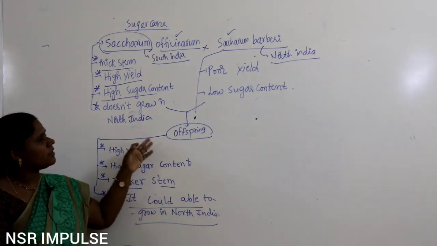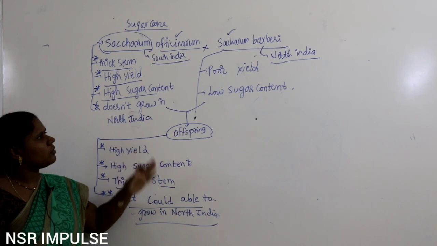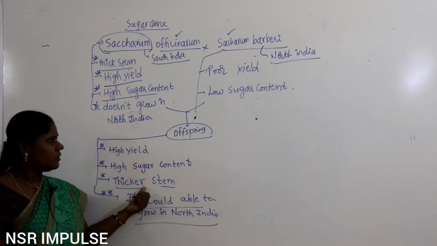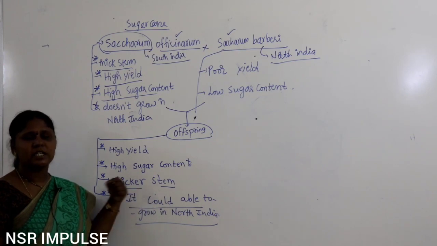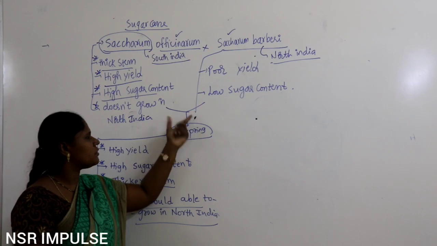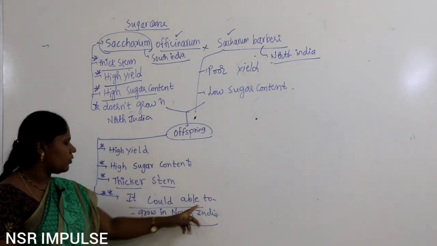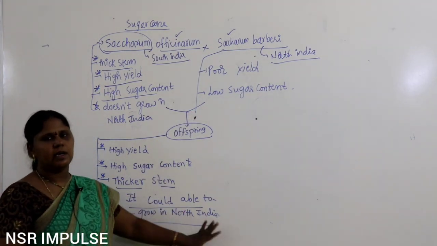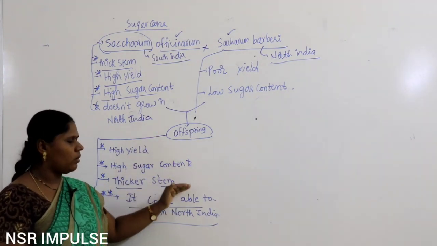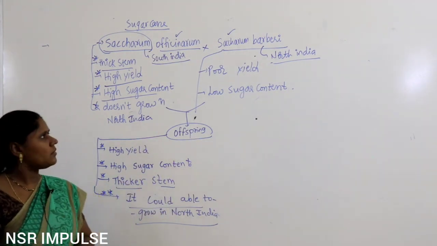South India temperature is a little bit high, and compared across all seasons, the average temperature will be a little higher than in the north part. But genetic modification is done when two plants are crossed. The resultant one has the ability to grow in the north part of India. Now this offspring has all the required characters.